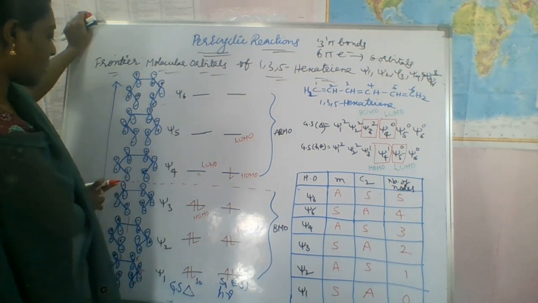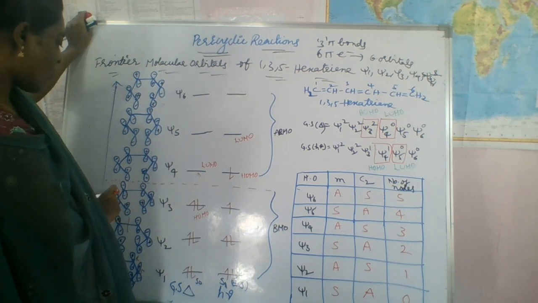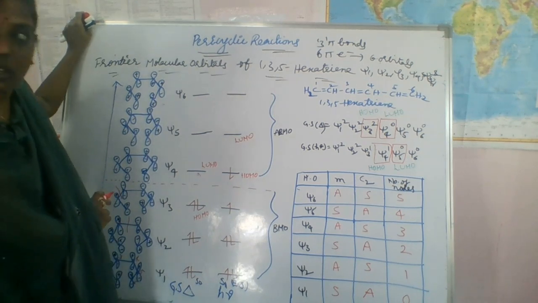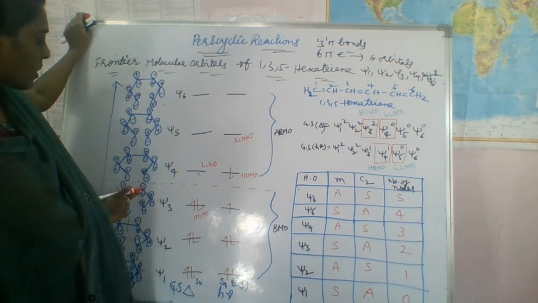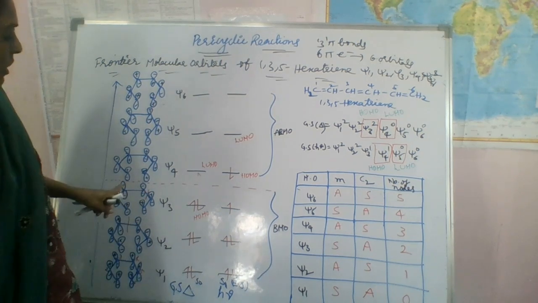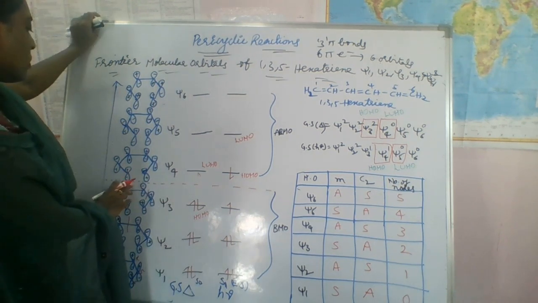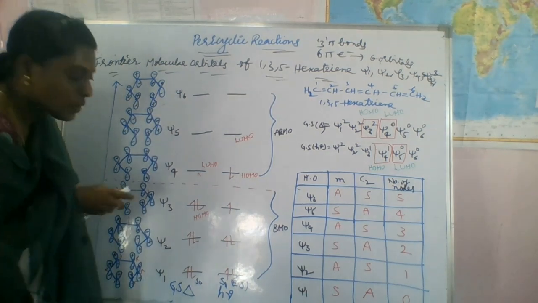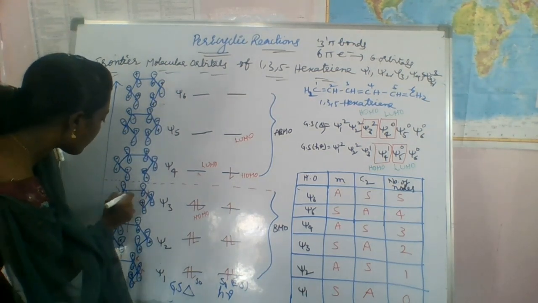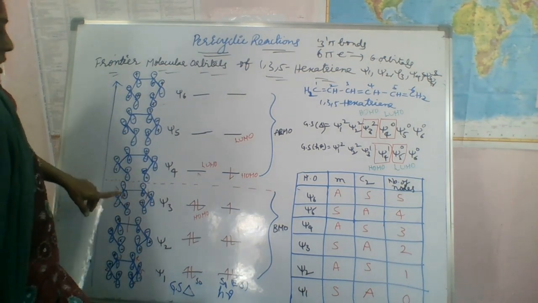Here plus and minus are opposite signs, so there is one node between them. Another node is present between this one. Here this is minus and minus, so there is no node because the signs are the same. This is plus and plus. So this is about the psi 3 orbital.